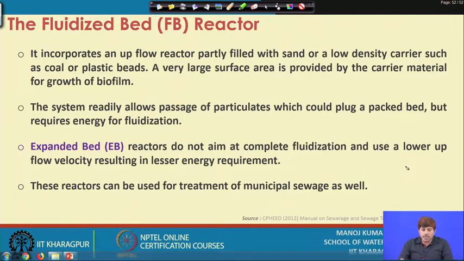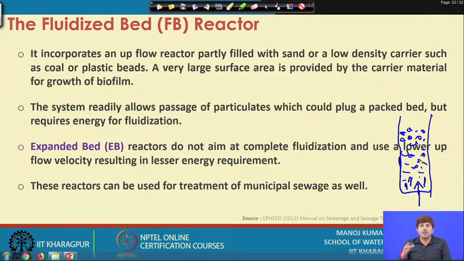When the flow is upflow, the water keeps these media particles in a fluidized state. These media particles are not fixed to anything, they are low density material, and the flow of the water itself ensures that they are in suspension.